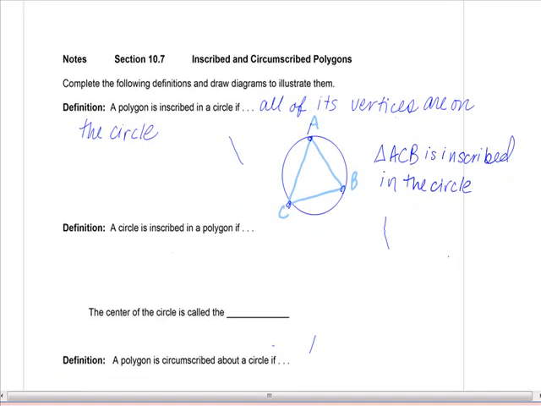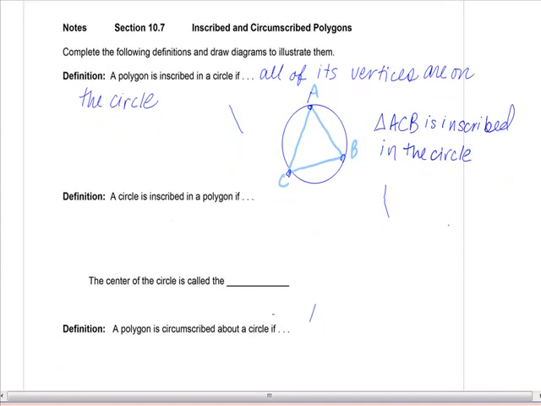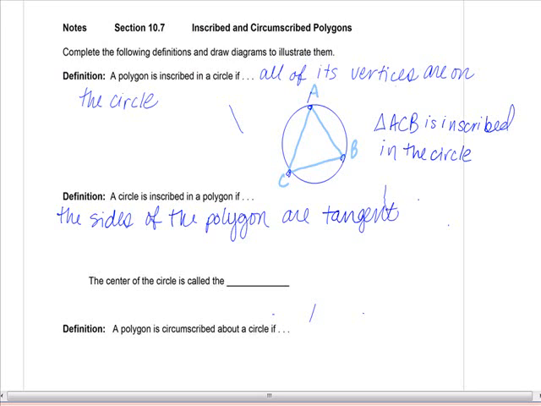Okay, and the next one. A circle is inscribed in a polygon if the sides of the polygon are tangent to the circle. So I'm going to go ahead and draw another circle. And let's go ahead and mark its center.